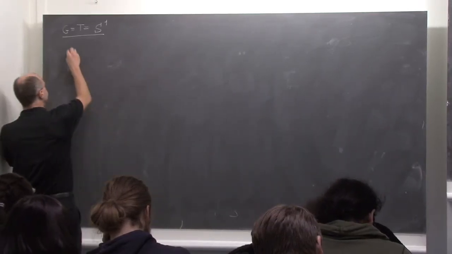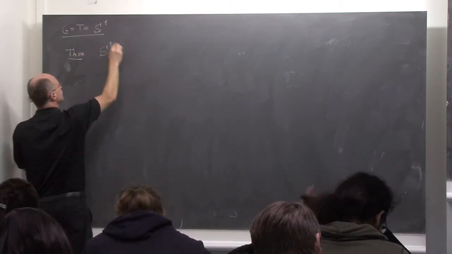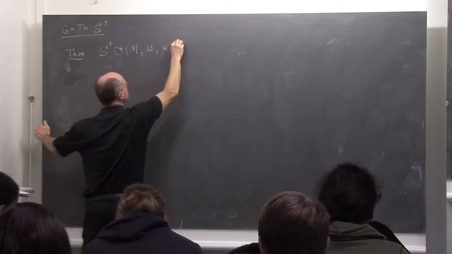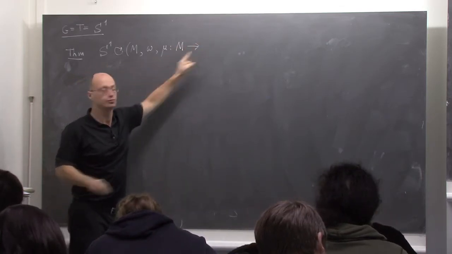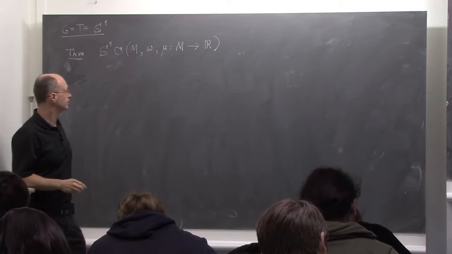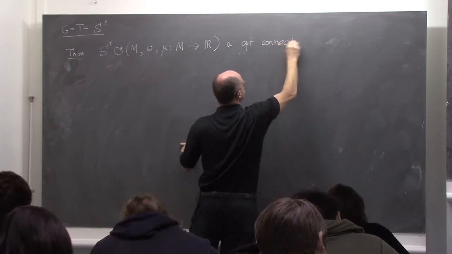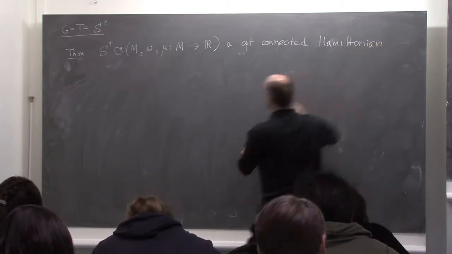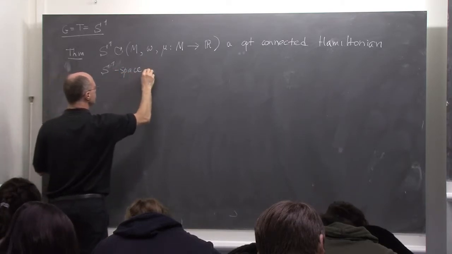Let me try to state a theorem. So we have S1 acting on M, omega, mu. Mu is now a map from M to T star, which is just isomorphic to R. So mu becomes just one function, in a compact connected Hamiltonian S1 space.